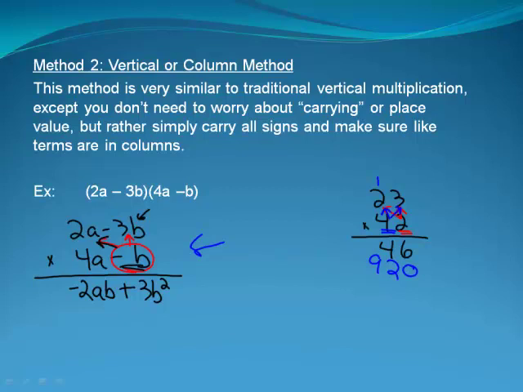Over here, you're going to do the same thing. You're going to take that positive 4a and multiply it to everything above it. But the difference is you don't have to worry about shifting over necessarily, and you also don't have to worry about carrying. You just have to be careful of your sign. And when you write things down, try to column it under a like term if there is one.